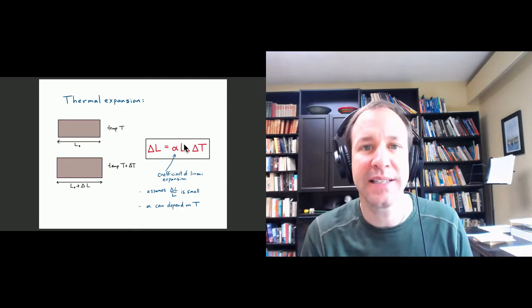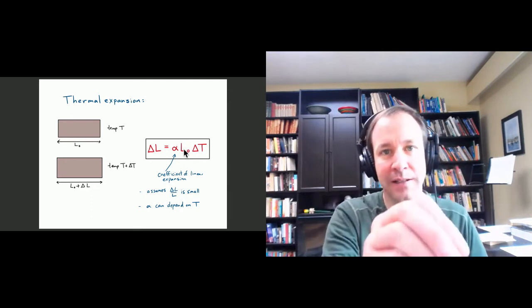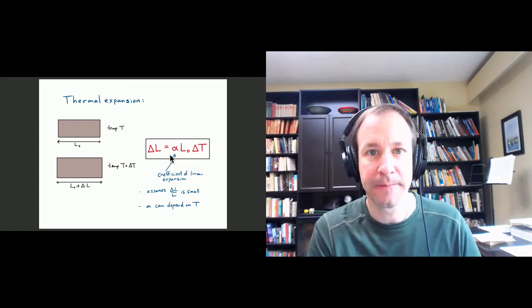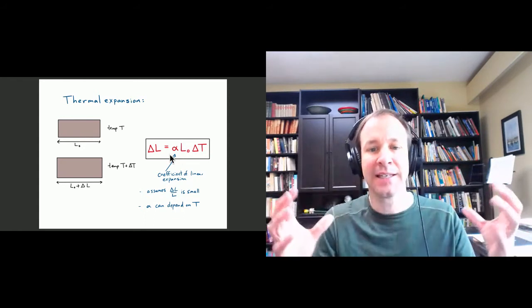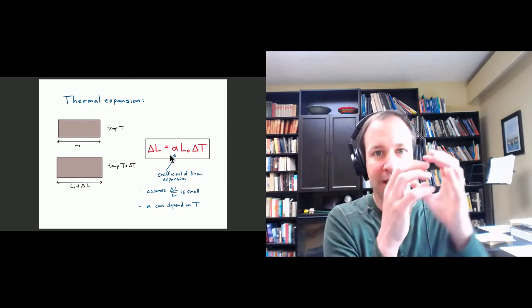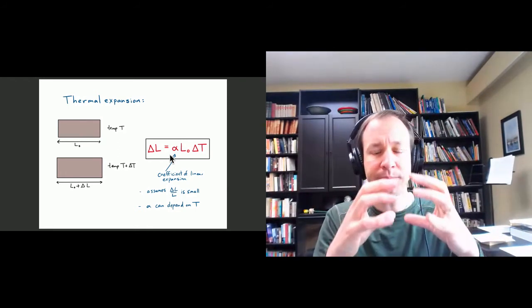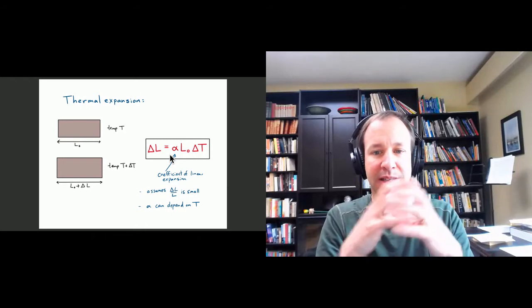Or another way to say that is that the fractional expansion, if I look at delta L divided by the original length, that thing doesn't depend on the size of the object. So that's actually a very nice way to think about this expansion. It's happening everywhere in the object. There's a certain fraction by which the material expands.